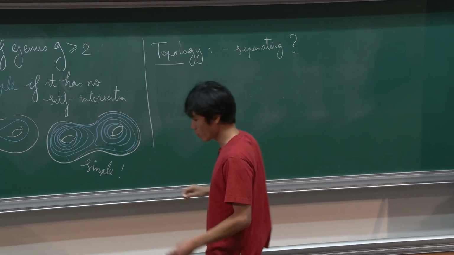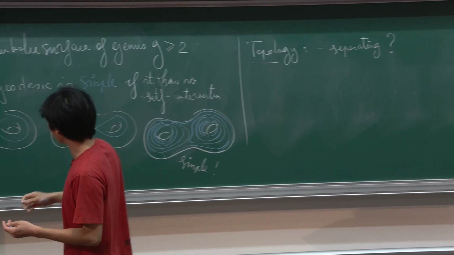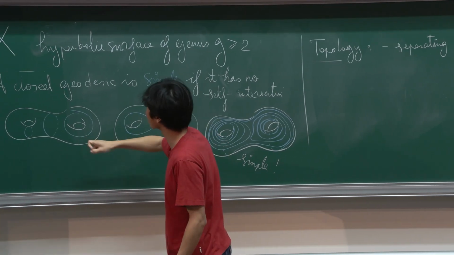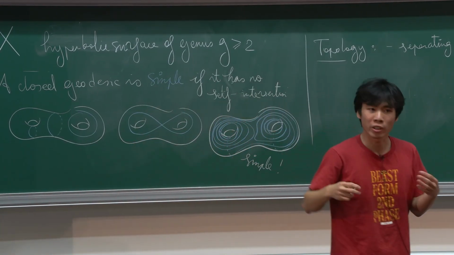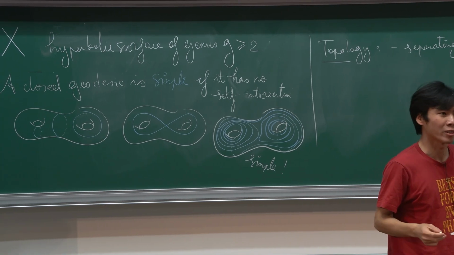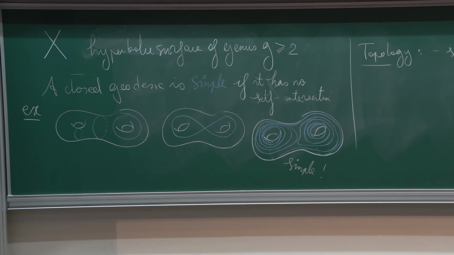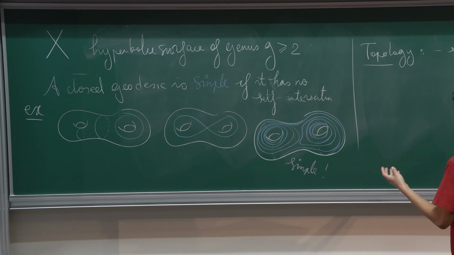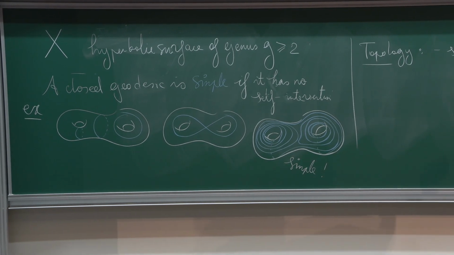Which means that if you cut your surface along this curve, will your surface be decomposed into several different connected components? If it is, then it's separating, and if not, then it's not separating.